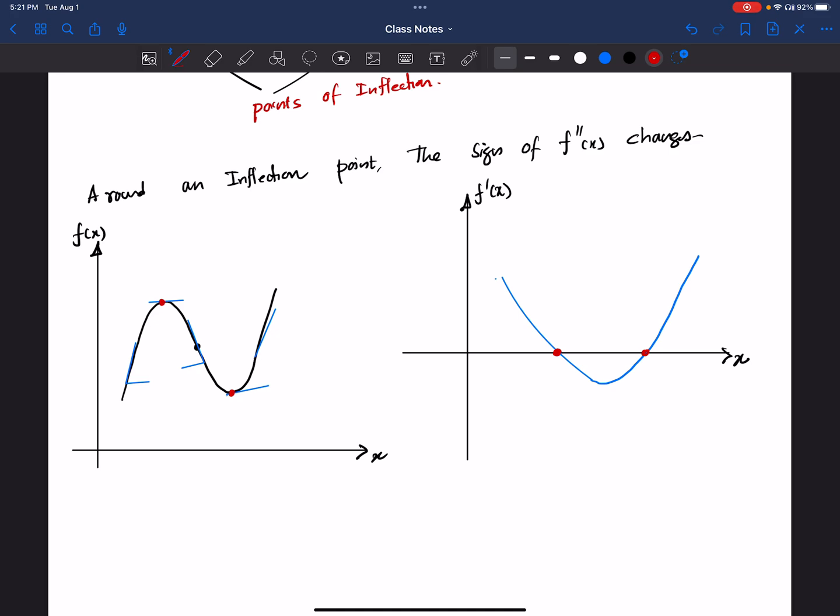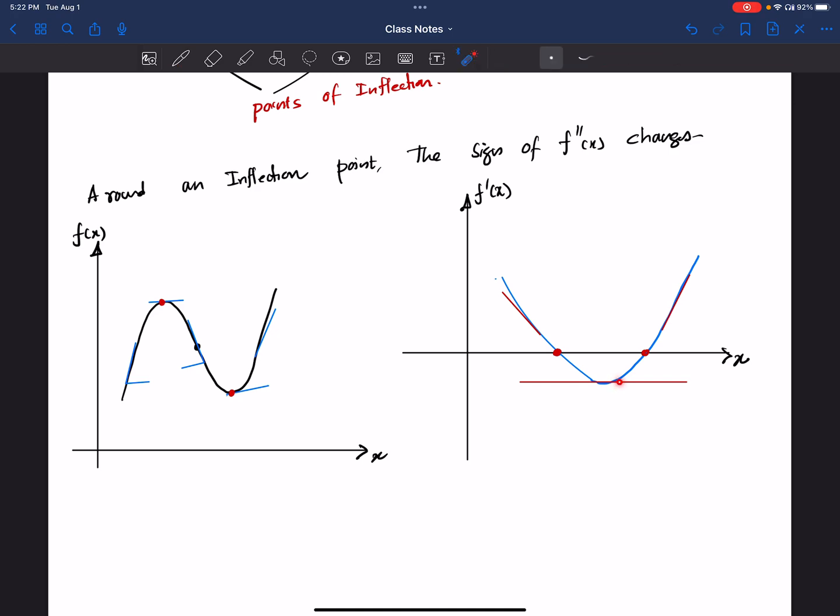And the tangent drawn to the curve of f prime of x is f double prime of x. So you draw the tangent to these curves, and that becomes f double prime of x. Now you can see that at this place the slope is negative, in this place it is positive, here it is negative, and here it is 0.